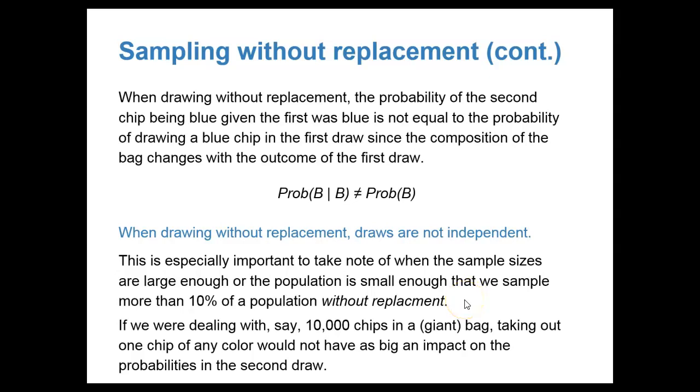Essentially in that case, we could assume that the drawings are independent and we would not need to use the general multiplication rule. But when we are dealing with a case like we just looked at, where the sample is more than 10% of the total number of chips, then we would need to take into account the general multiplication rule.